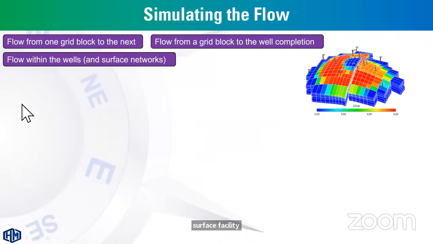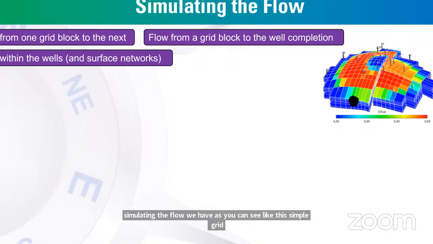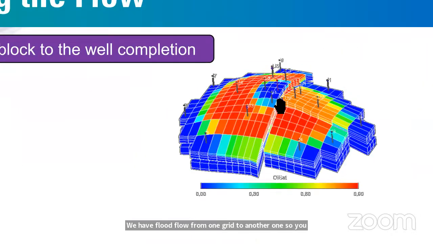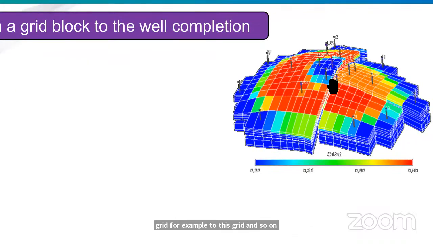So simulating the flow, we have, as you can see, this simple grid. We have flow from one grid to another one. So you have to consider the transmissibility between this grid, for example, to this grid, and so on, because we have one vertical well in this grid.